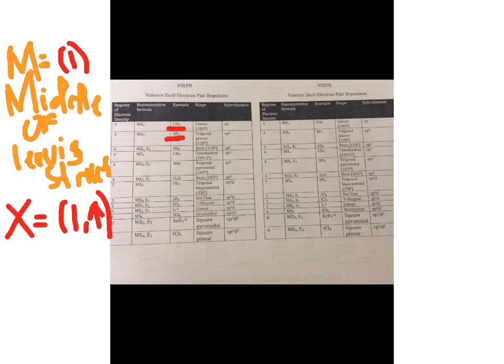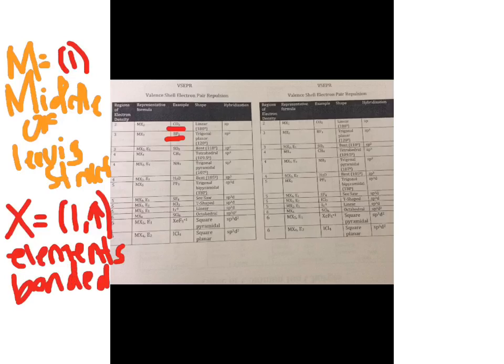So X is the elements bonded to M. Okay? So M, the middle. X, elements bonded to the M. You're going to have multiple X's most of the time. They don't always have to be the same element.